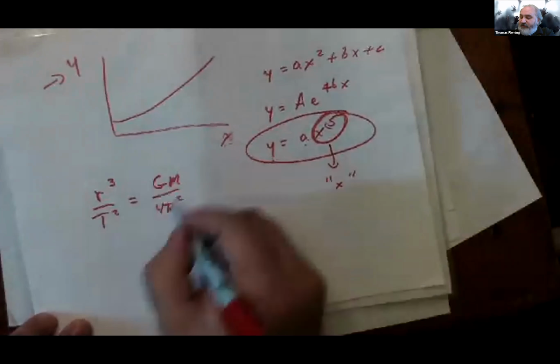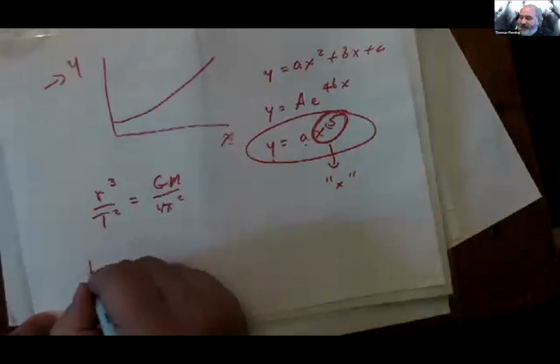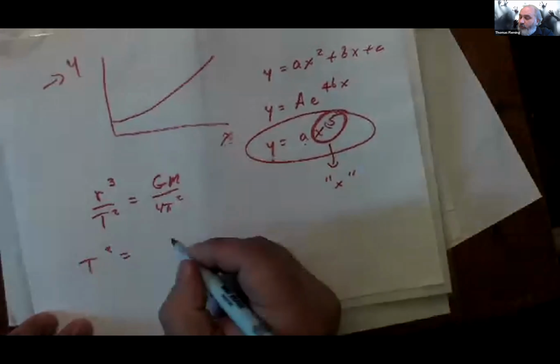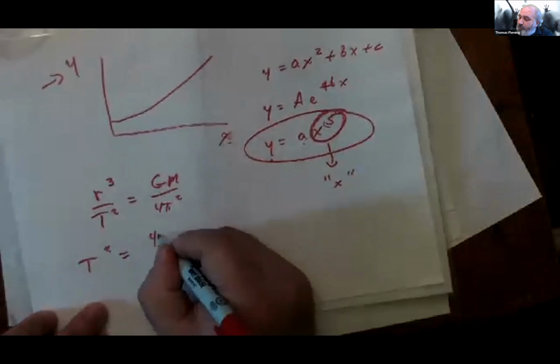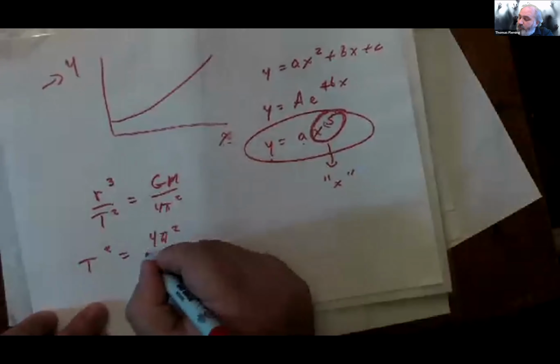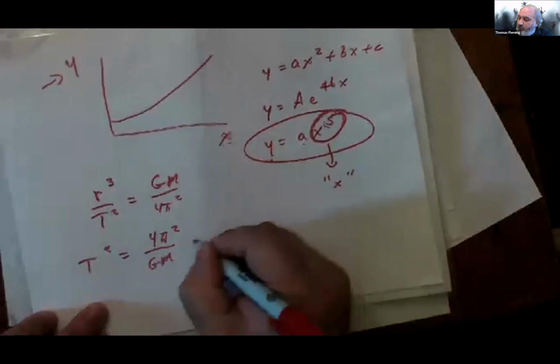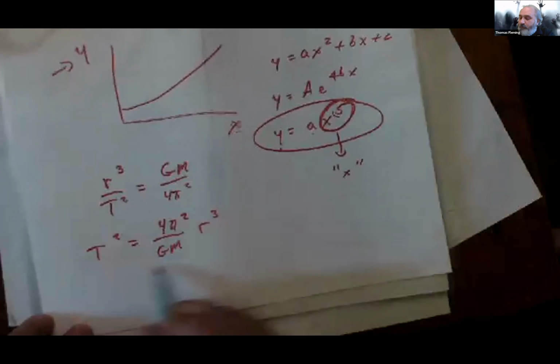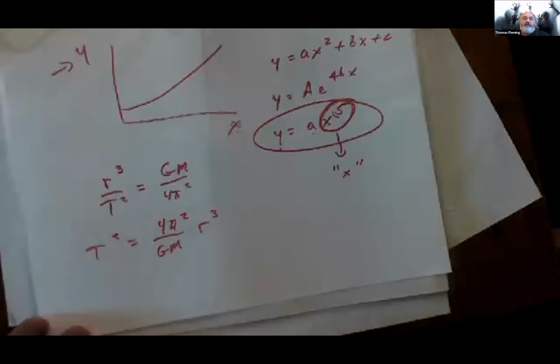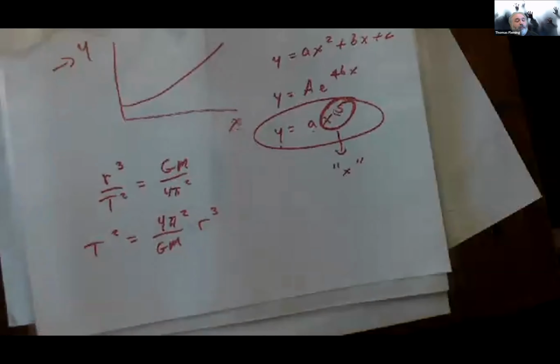And if I rearrange this to get t by itself, I have t squared equals 4 pi squared over GM times r cubed, right? So this was the formula that we figured our data about the planets and their orbits would represent.